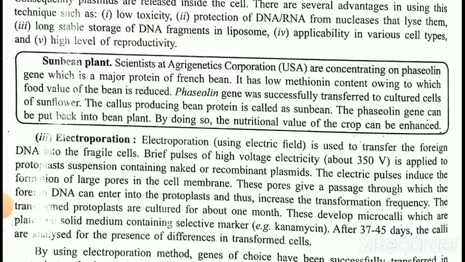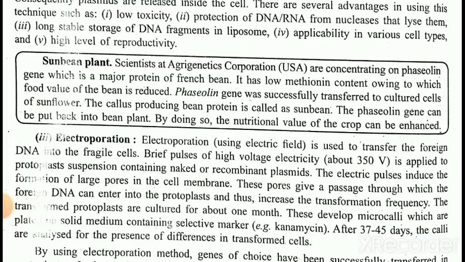3. Electroporation. Electroporation, using an electric field, is used to transfer foreign DNA into fragile cells. Brief pulses of high voltage electricity, about 350 volts, are applied to protoplast suspension containing naked or recombinant plasmids. The electric pulses induce the formation of large pores in the cell membrane.